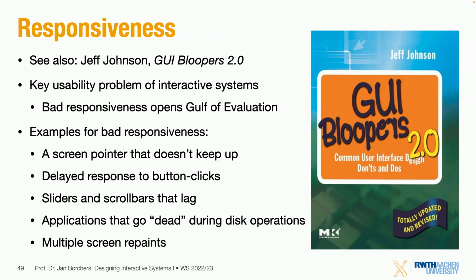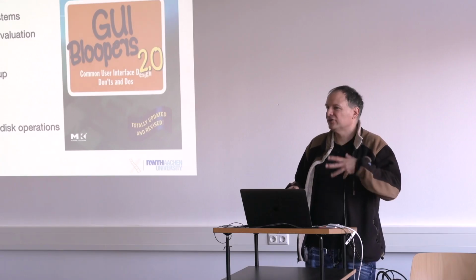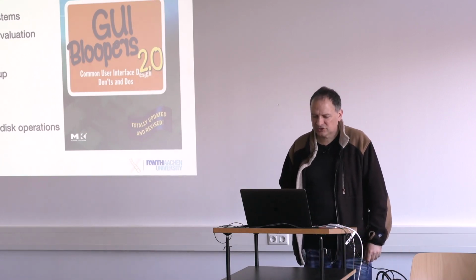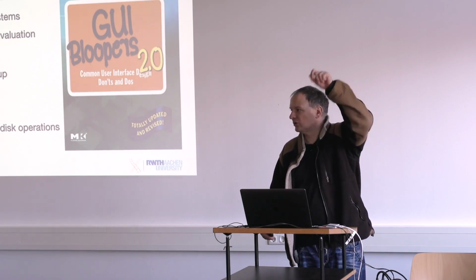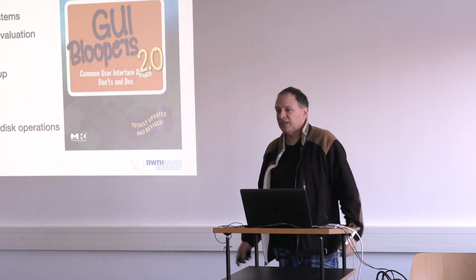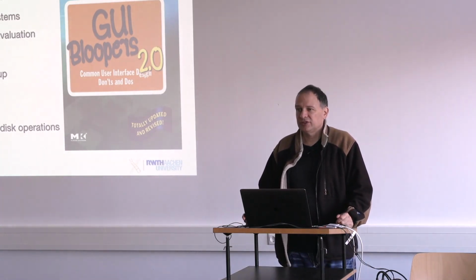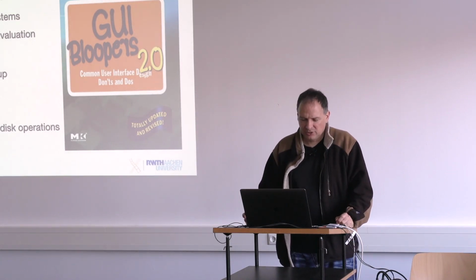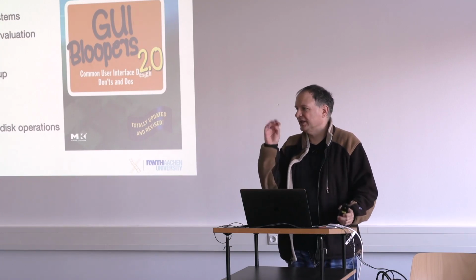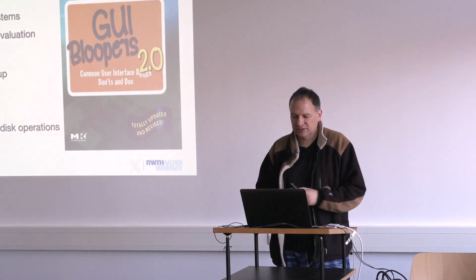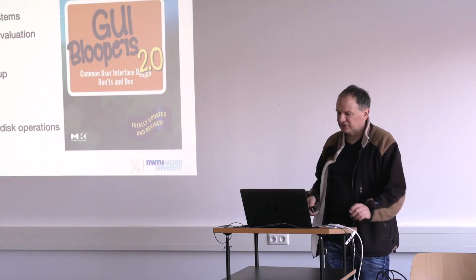Your mouse cursor lagging behind, or you hit a button and there's an ever so slight delay in the response. Or sliders and scroll bars where you scroll through something and they lag behind, or applications that are saving something and then while they're saving they're dead, right? They can't do anything. Or an app draws its screen and then it draws it again and again, and you can see how it's repainting multiple times. Lots of mistakes of these.